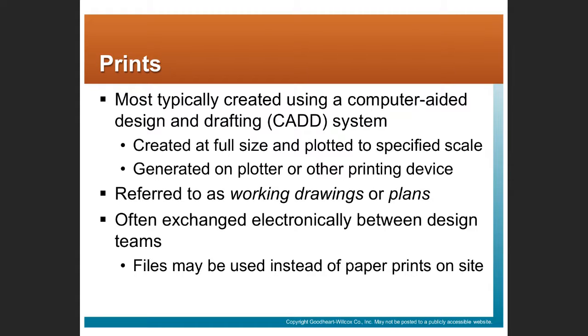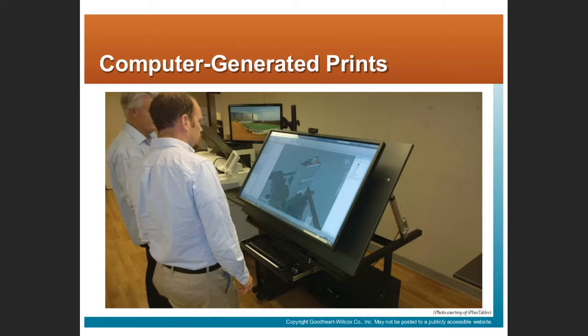Again, we seem to be dematerializing the process of drawings, right? We're going to electronic versions of things as opposed to having big rolls of drawings all the time. This is figure 1.13 in the textbook.